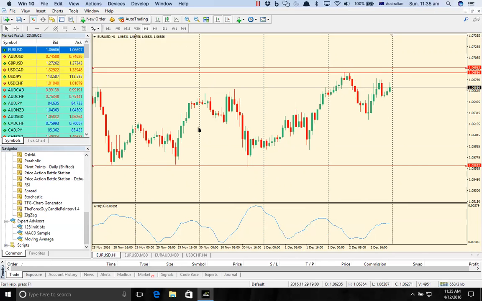The problem with the 15 pip is that it is a static type of stop loss. And the problem I found with this one is that if the currency is highly volatile, it will kick you out of the market very quickly. If some currencies are not volatile enough, it will accumulate your losses for longer. So we want to cater for both kinds of currencies.